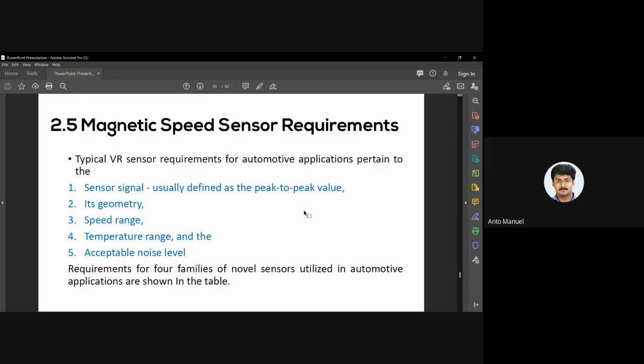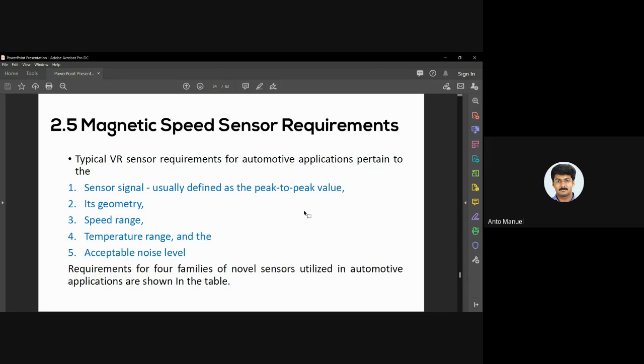Obviously we can say that all systems are influenced by different kinds of noise when they are functioning in normal real time, and how is your system capable of noise immunity, how capable is the system of rejecting the noise, and what are the acceptable noise levels in your system.